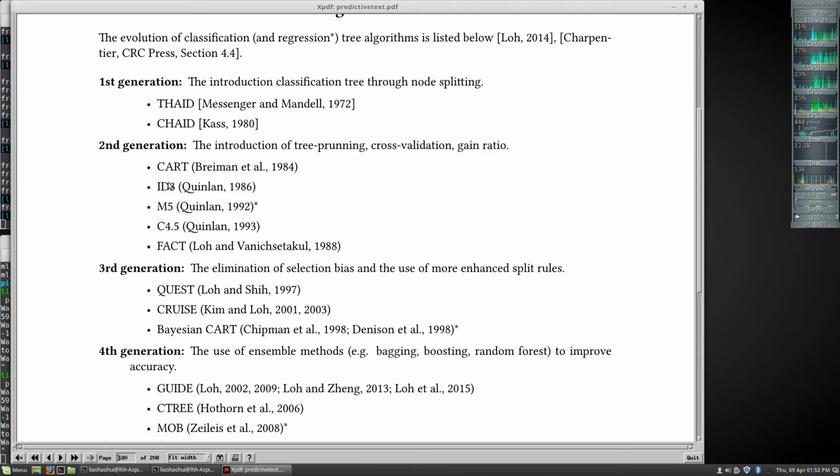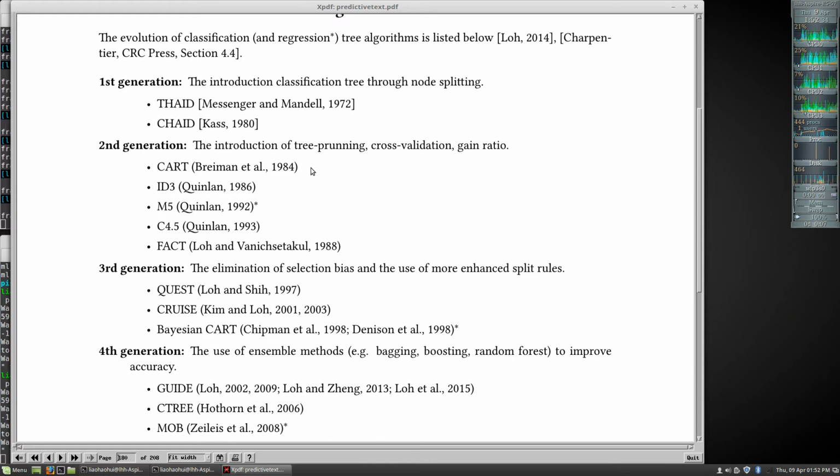The one which is actually shown in detail in this course is the ID3 algorithm for generating trees. Later on we'll see what its disadvantage is.